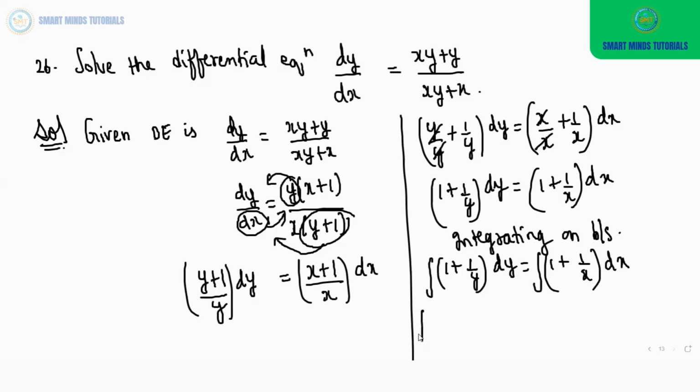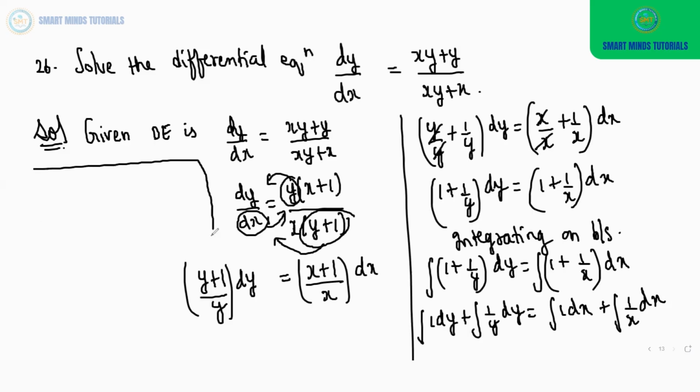Now we separate: integral 1 dy plus integral 1 by y dy. Here we separate: integral 1 dx plus integral 1 by x dx. Now here I am doing the last part. Integral 1 dy is, see I told you integral 1 dx is x.